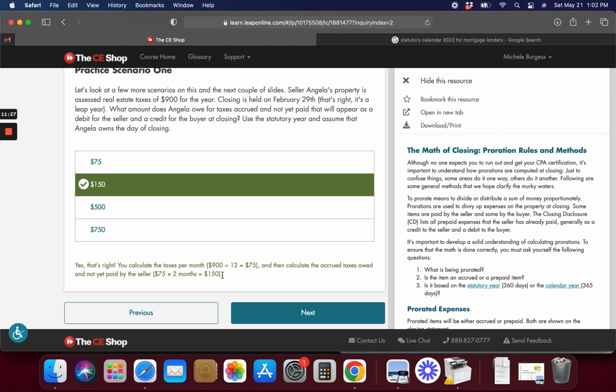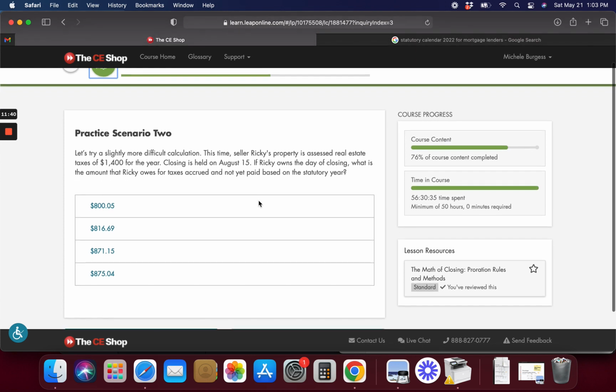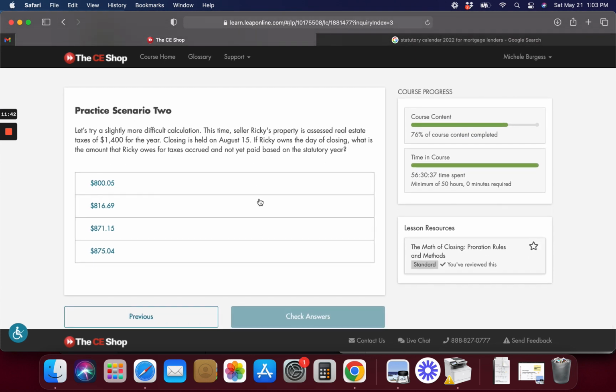How do they figure 2 months were not paid? I don't understand that. I guess because of January and February they didn't pay. Okay, so that makes sense. Boy, that was complicated. It's easier just to guess than sit here and try and figure out what they're doing.